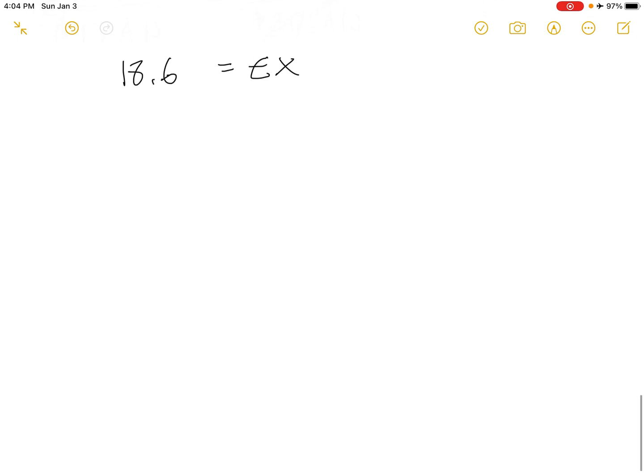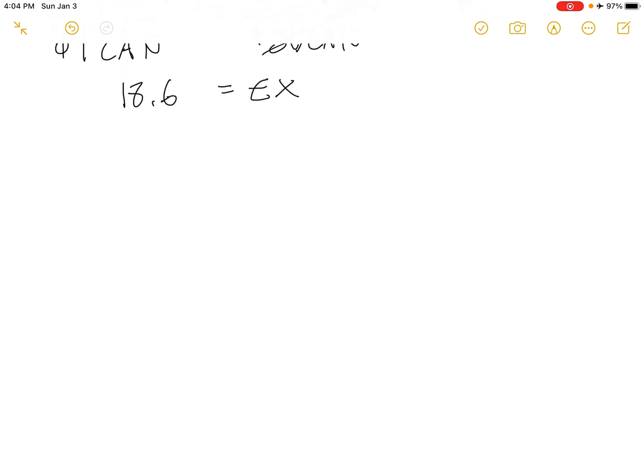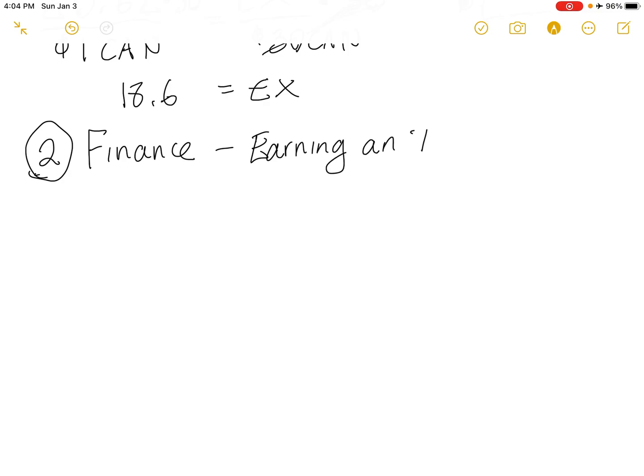So that was basically our first unit. And now I'm going to move on to the second unit, which was on finance, and specifically, earning an income. How can we earn money?